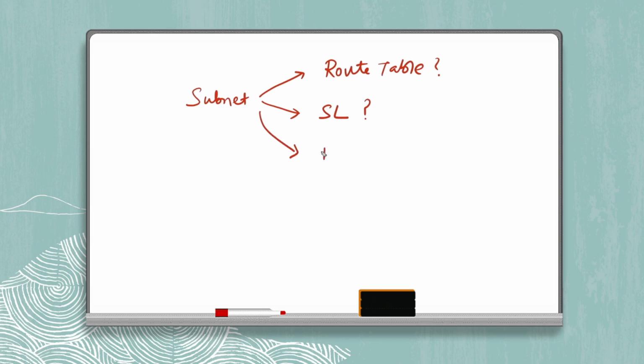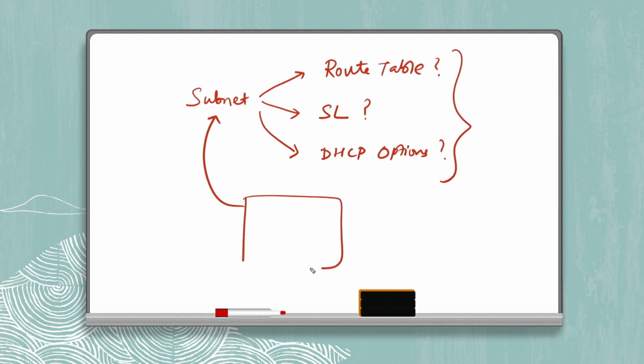Or what are the DHCP options associated with the subnet? And depending on the options that you specify at a subnet level, all the instances that are part of the subnet, for example, instance A, instance B, instance C, would basically draw the configuration from the subnet.